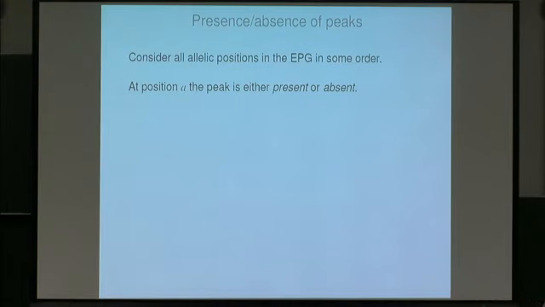Now if we look at all the allelic positions of the EPG in some order, it's arbitrary, but I need to decide some order. Let's say we look from the left top panel and go along position by position, and in each position we can see a peak present or absent.